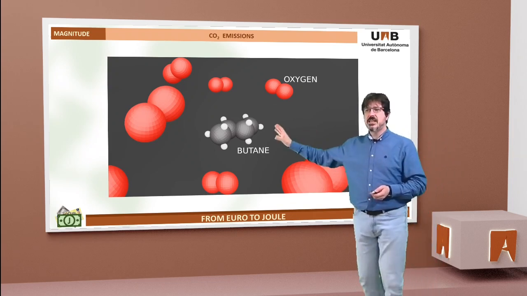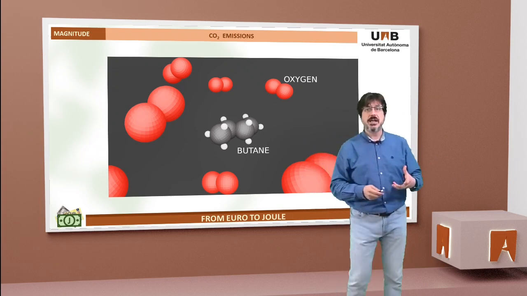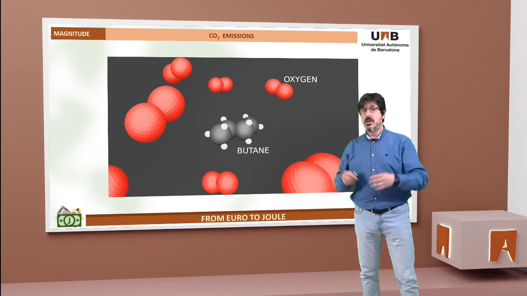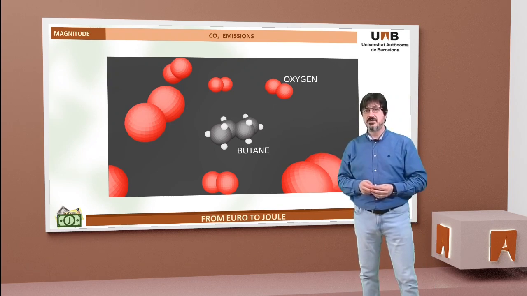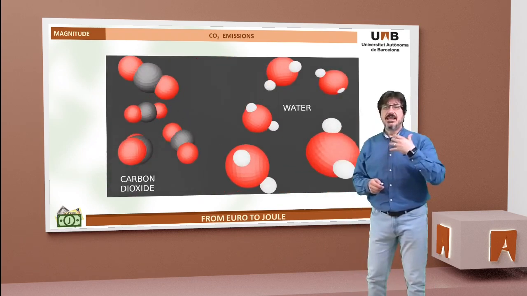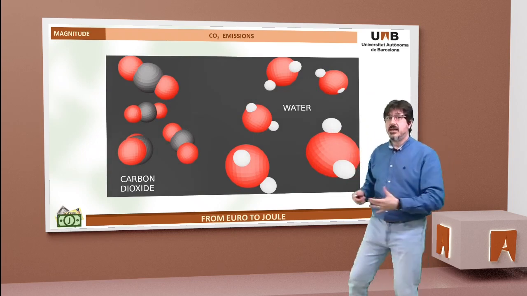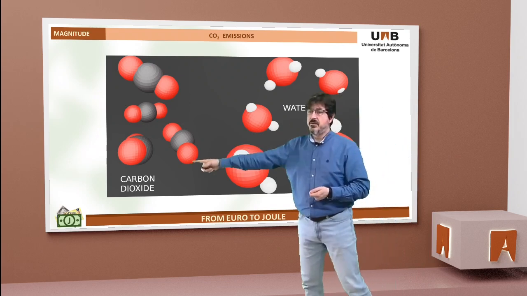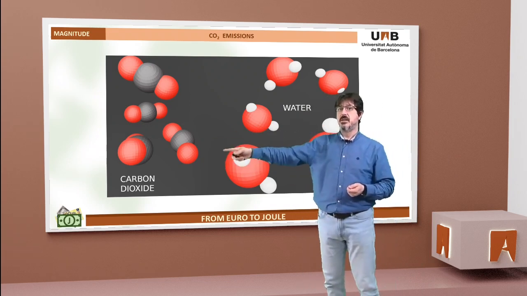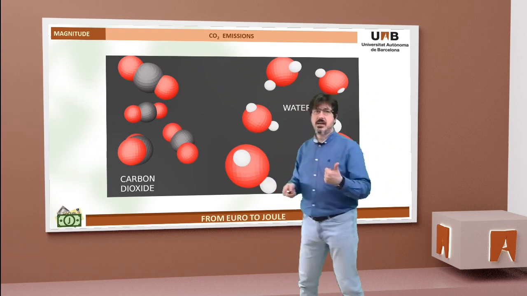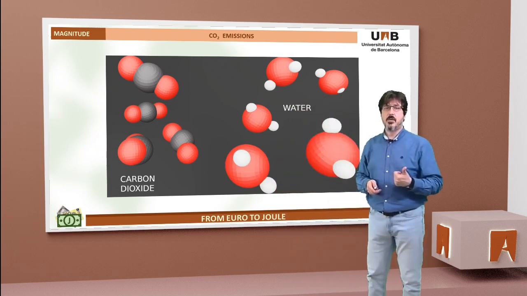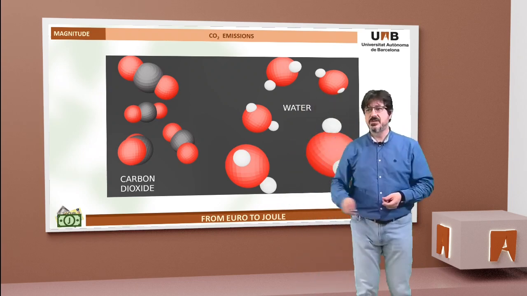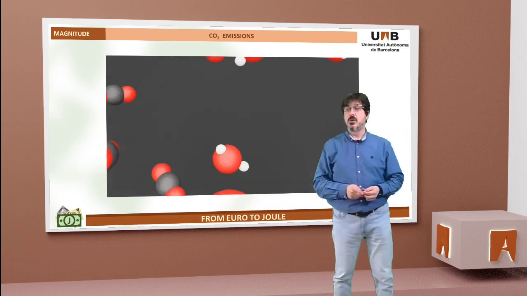But if instead of this molecule we use butane, that is the combination of 4 carbon atoms with 10 hydrogens, we obtain once again carbon dioxide and water, but the amount of the two molecules is different. In this case, we obtain for a single butane molecule 4 molecules of carbon dioxide and 5 of water.